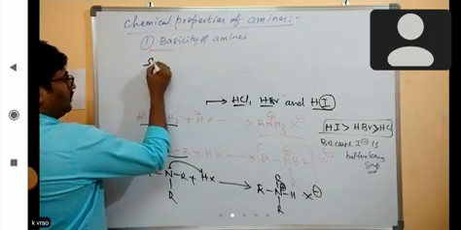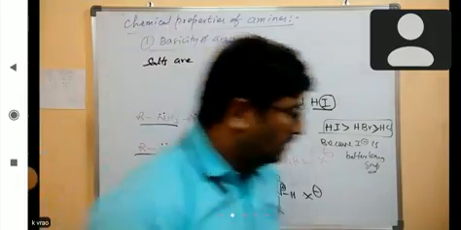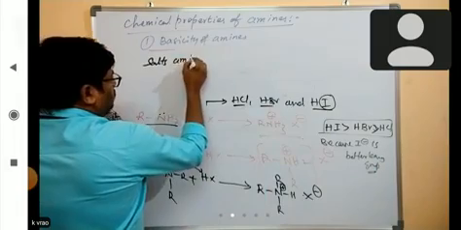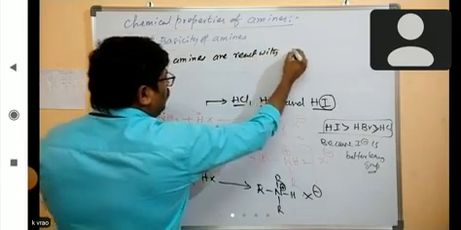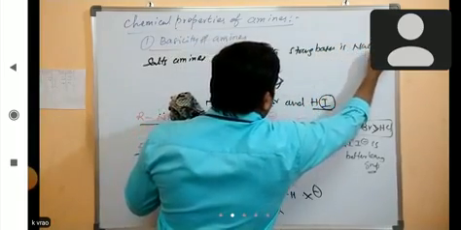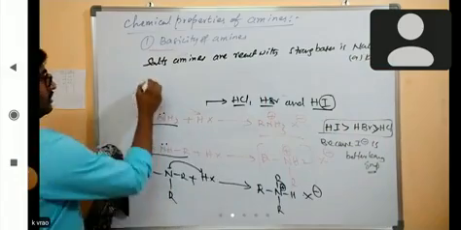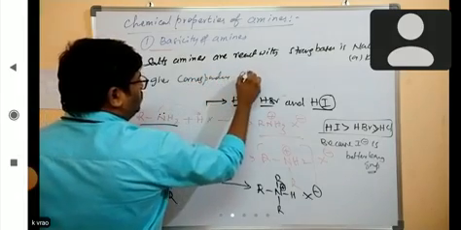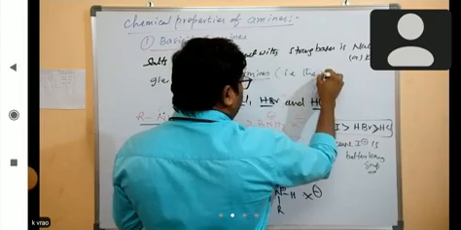So the salts of amines react with strong bases like NaOH or KOH and give the corresponding amine. That means the reaction is reversed.